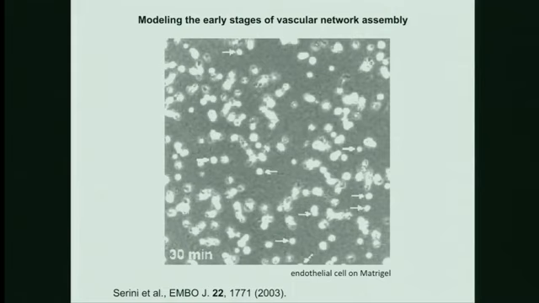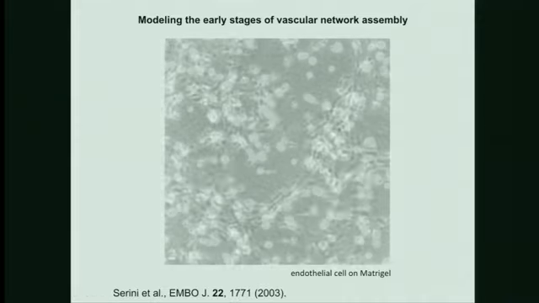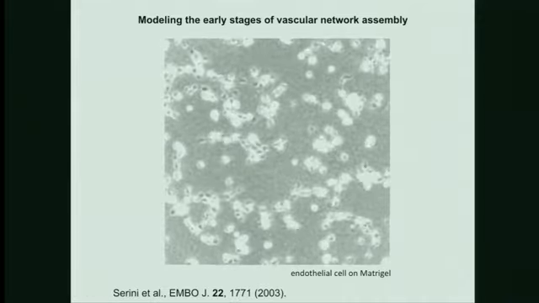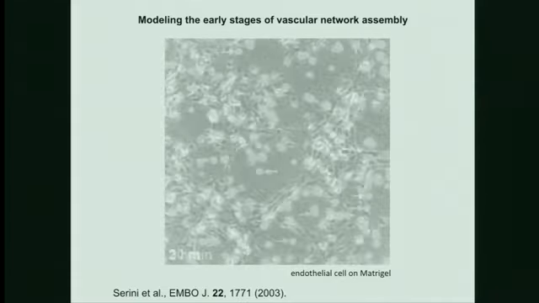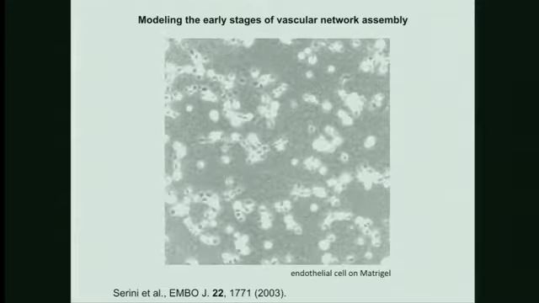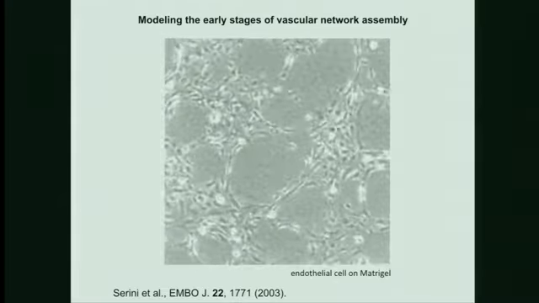They had endothelial cells on matrigel and let them grow. We pulled the movie off the web. After 4 hours, in the last picture, they form a two-dimensional network, which starts from disconnected cells at the beginning, and at the end you have a percolated network.